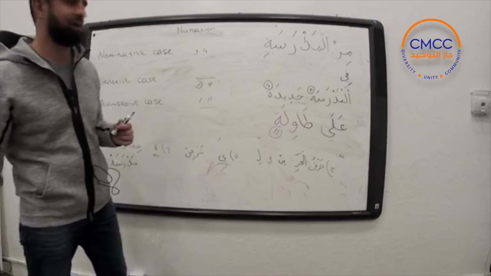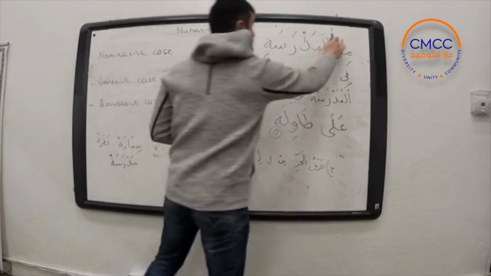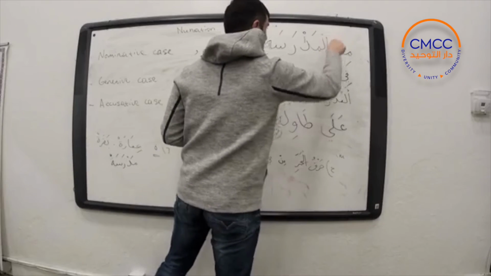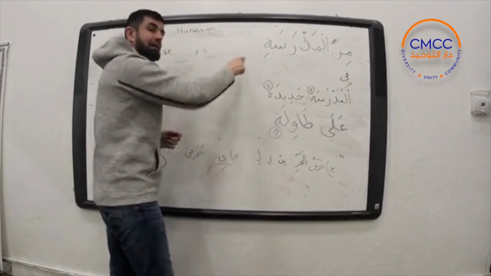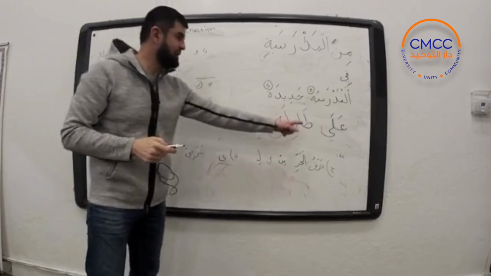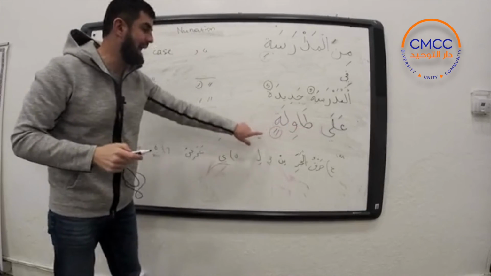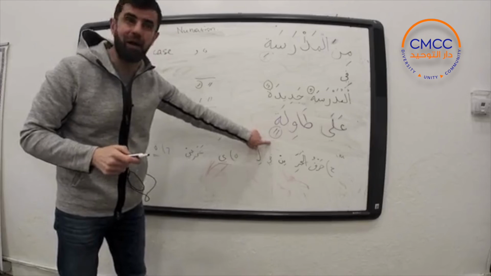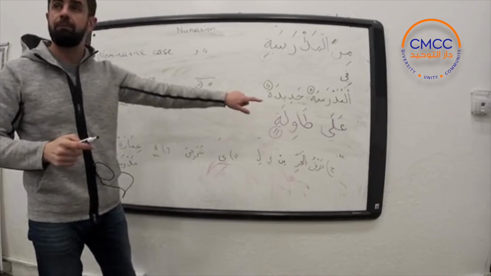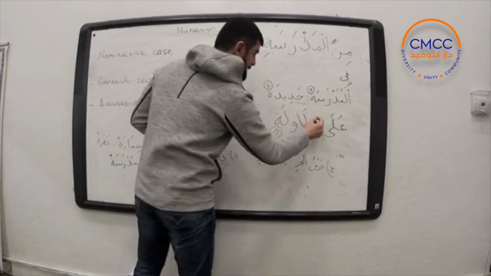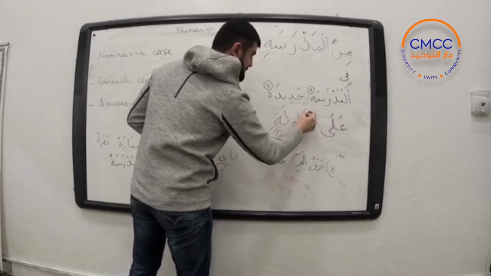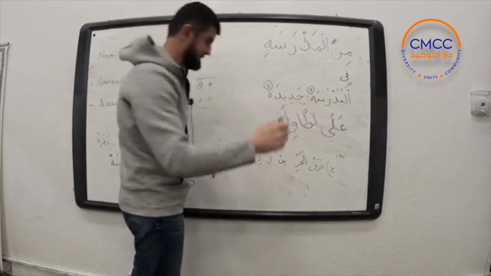You remember that, right? So right here, sukun is going to change into fatha: min al-madrasati. Same here, ala tawilatin, but if we add al, what's going to happen? Ala al-tawilati, exactly.